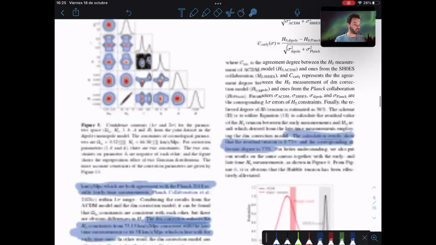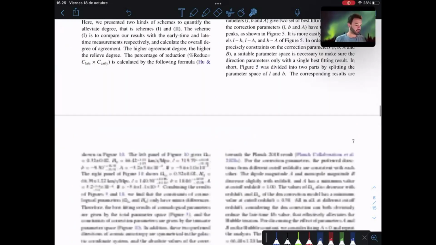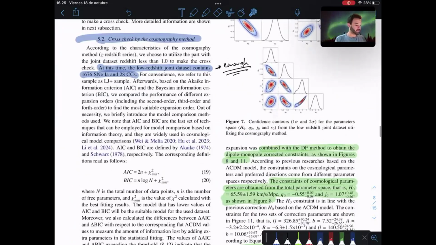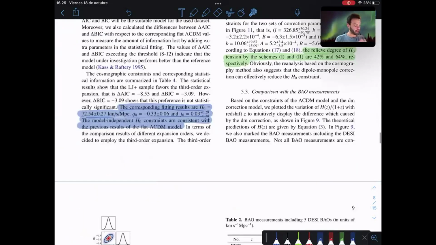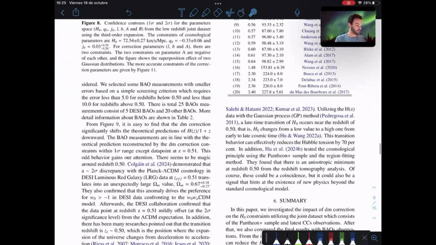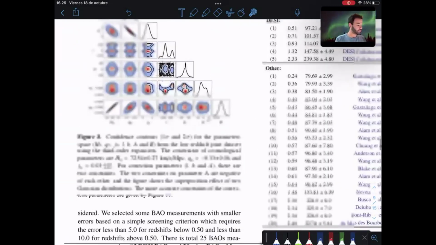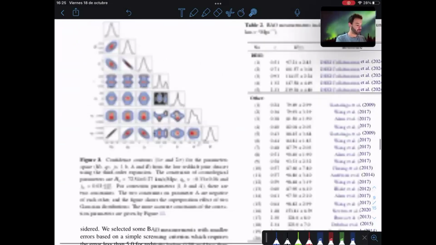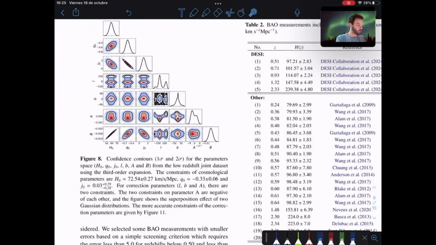What they found when they do this, here in the method section, is that they are also able to reproduce a value that is consistent with this H naught at about 66, 67 kilometers per second per megaparsec.